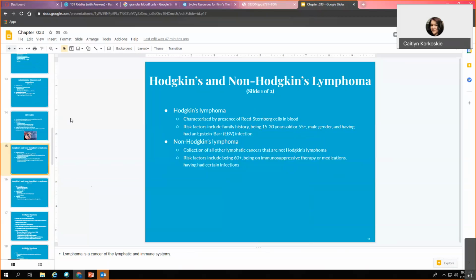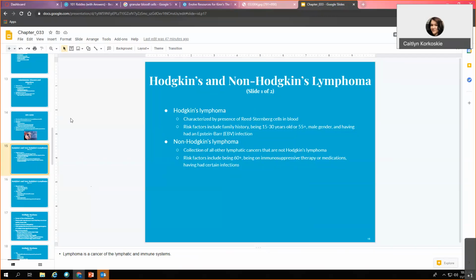Risk factors include family history, so if someone in your family has had it in the past, being between the ages of 15 to 30 or above 55, men being more likely to have Hodgkin's lymphoma, and also having had an Epstein-Barr virus infection, which is something that will be with them forever. It's an immune response that they will have.